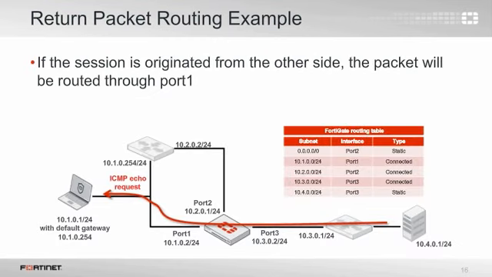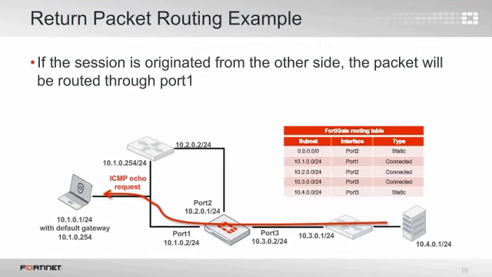What happens if the traffic originates from the server side instead? Let's say that the ping is sent from the remote server to the local workstation. In this case, when the ICMP echo request arrives at FortiGate, there is no session yet.